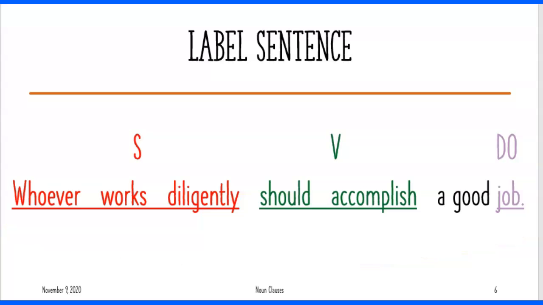So let's classify. If we label it like we were in 3rd grade, who should accomplish? Well, whoever works diligently. I've underlined all 3 words because all 3 words together are the subject. Then I'm going to say, what is going to happen when we work diligently? Well, we should accomplish. So both of these, helping verb and verb, will come under our verbs category. And then should accomplish what?